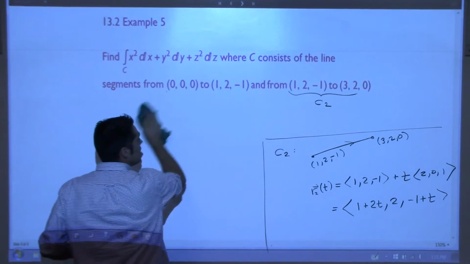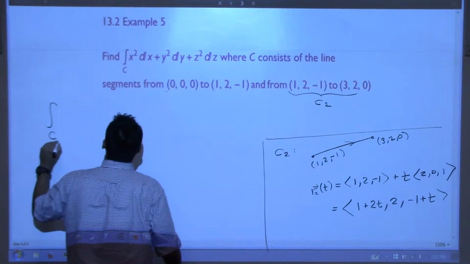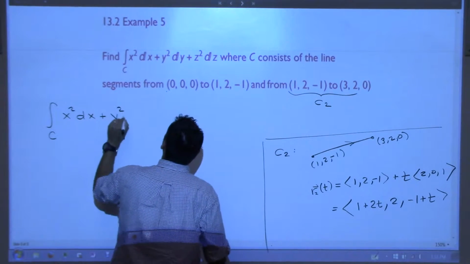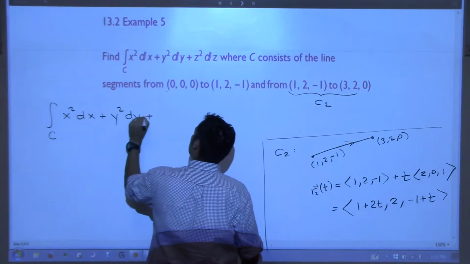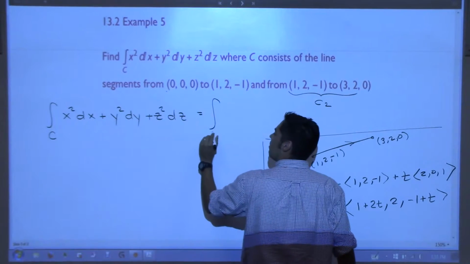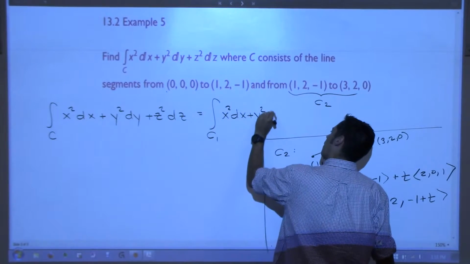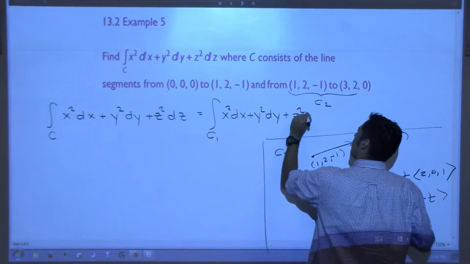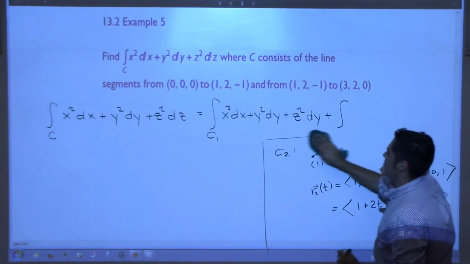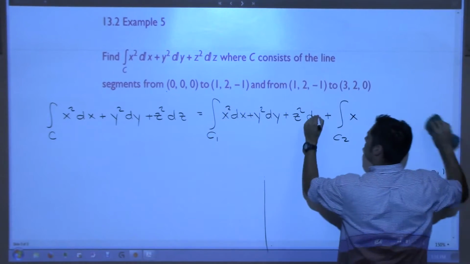I'm erasing everything I'm going to need. All right, the line integral of x squared dx plus y squared dy plus z squared dz along the curve C is equal to the same thing along C1 plus the same thing along C2.